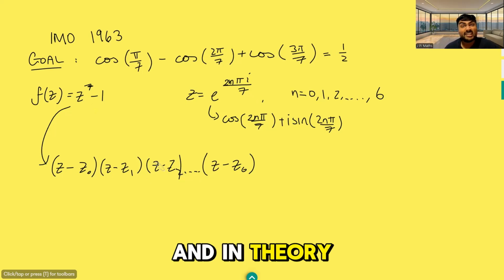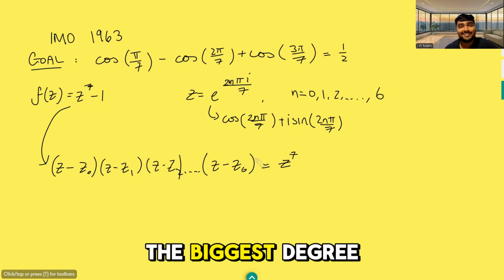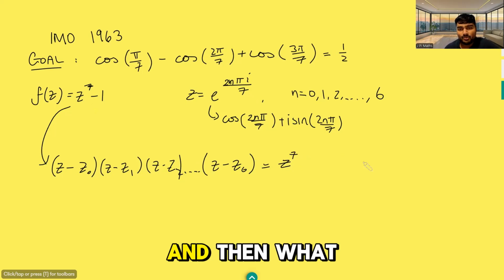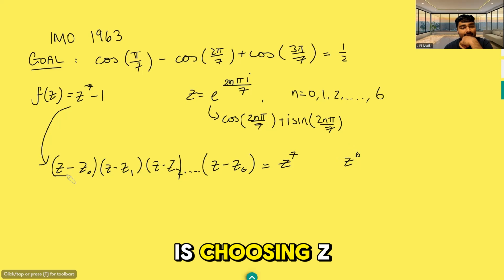Now in theory, we could expand this. I'm not going to, but I'm going to partially expand it. If I expanded it, I'd get z to the 7 as the biggest degree of z. And then what would I get for my power of z to the 6? How could I get z to the 6 if I expand this? The only way is choosing z from all of the brackets except one.